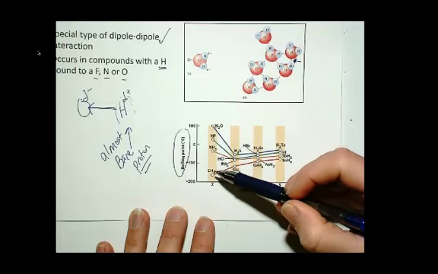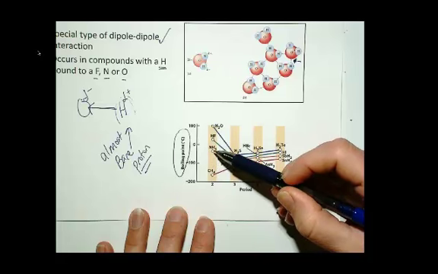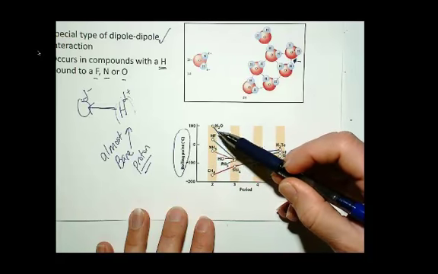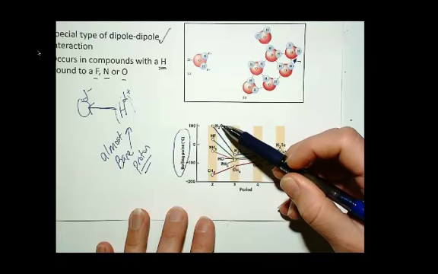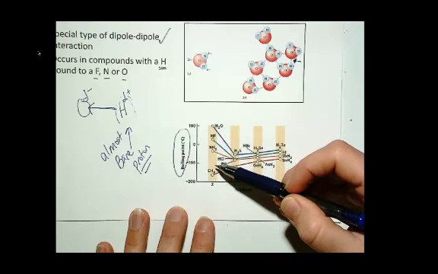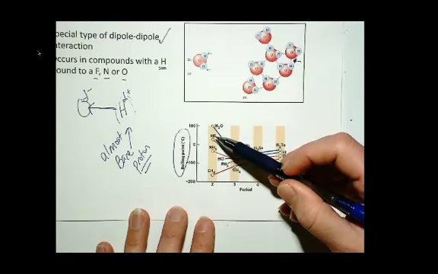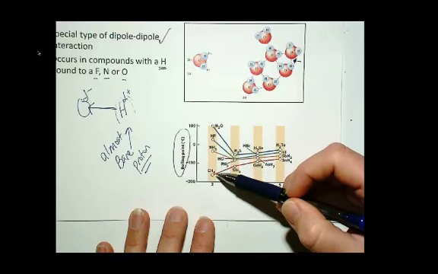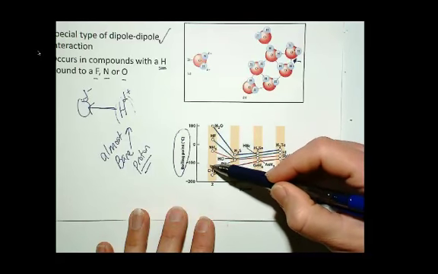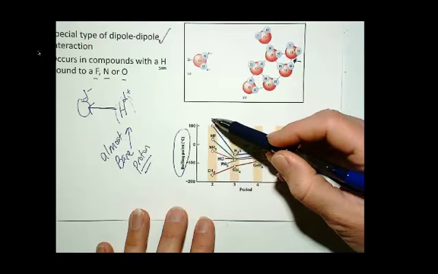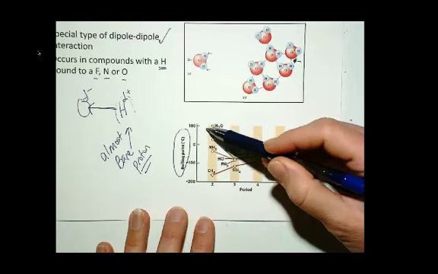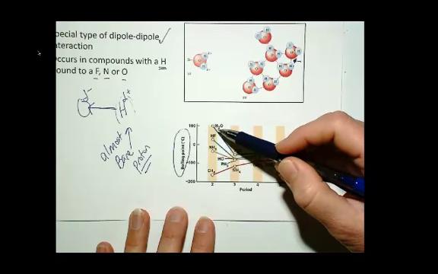And you can see as you move across the period from carbon to nitrogen to oxygen to fluorine that the boiling points are not what you would expect, whereas methane is all the way down here in the negative, around negative 170. Water is all the way up here around 100.